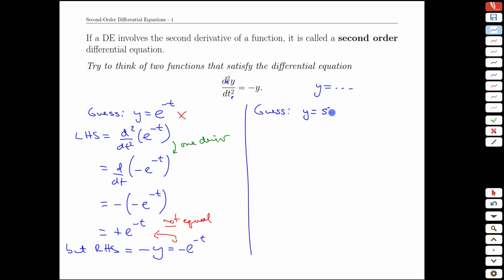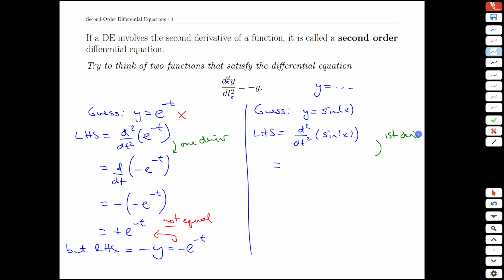Let's choose sine of x to start. If we take sine of x and we plug that into our equation, the left-hand side is the second derivative of y, which is the second derivative of sine of x. Take the first derivative. When we do that, we get the derivative of sine is cos. So one derivative down, one more to go.